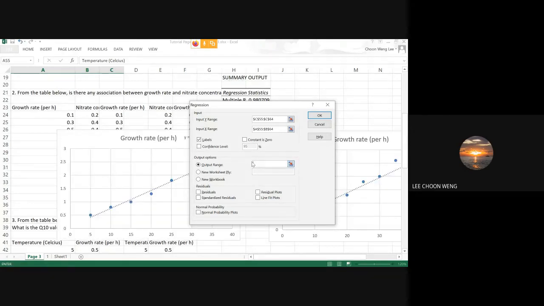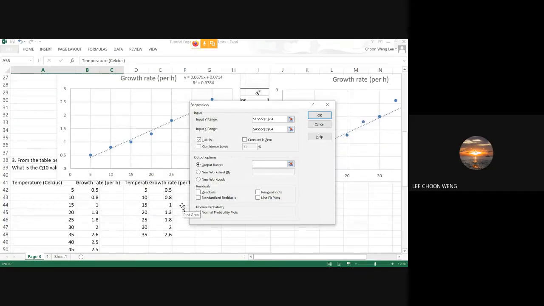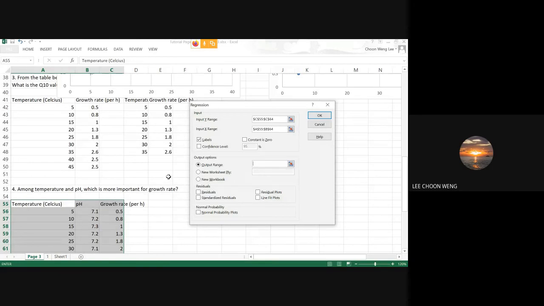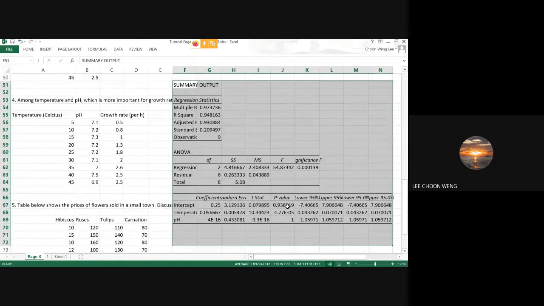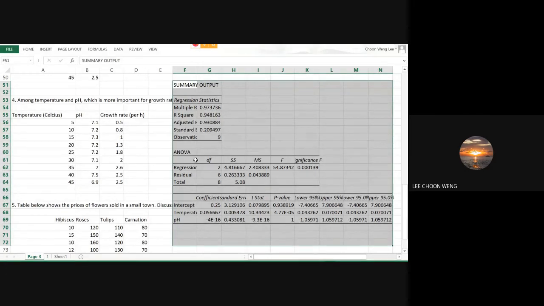Then your output will be here. This is called a multiple linear regression, because you are doing two variables here. So the regression equation is significant.